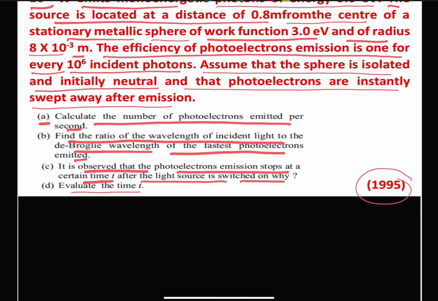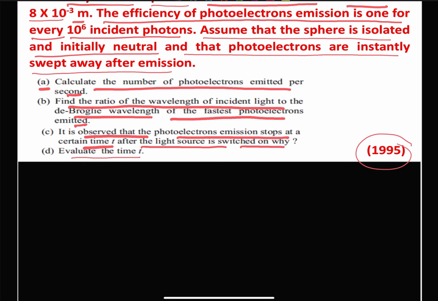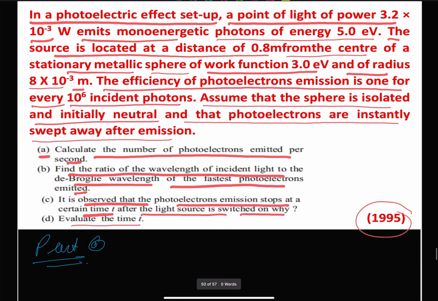So first of all, we are going to find out the number of photoelectrons emitted per second. In part A, we are given that the energy of the photon is 5 electron volt.